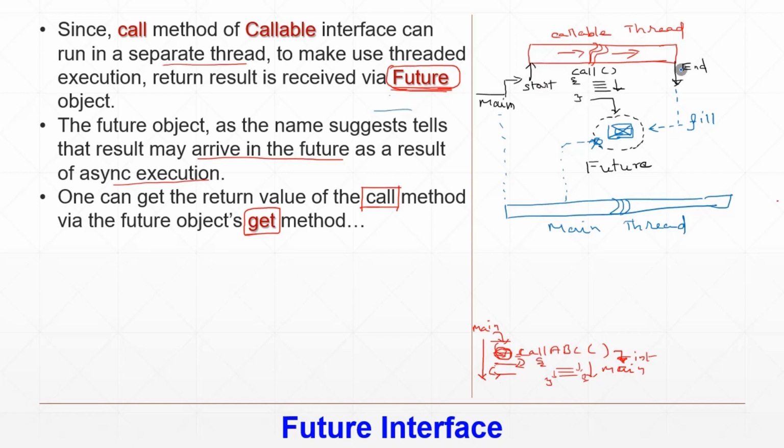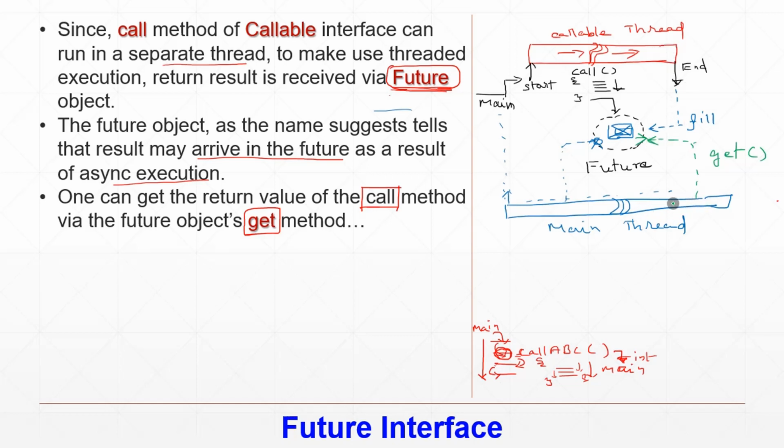So towards the end the object is filled. Let's state that this is where we started the thread. The main thread continues working on some other task. At a certain stage the main thread will make a call to the get method, so this will read the content filled by the callable thread.